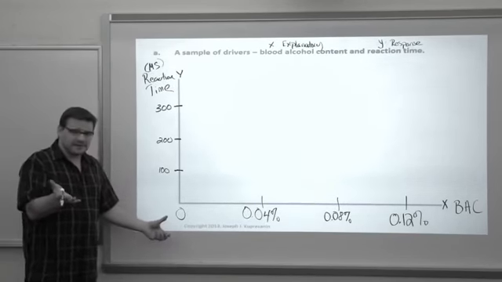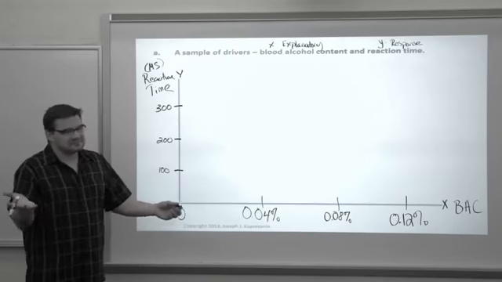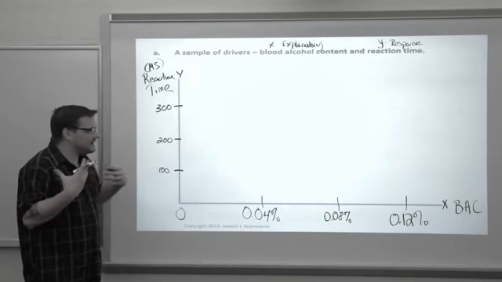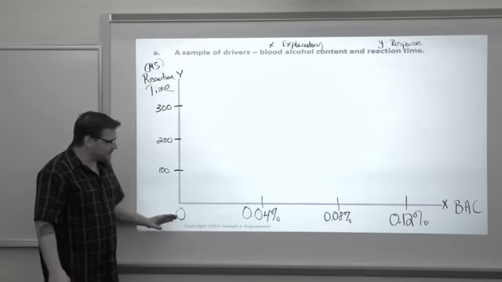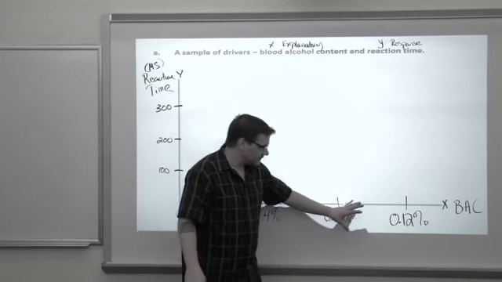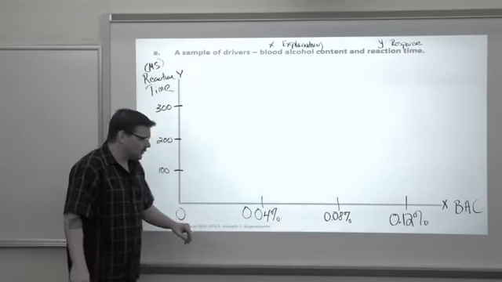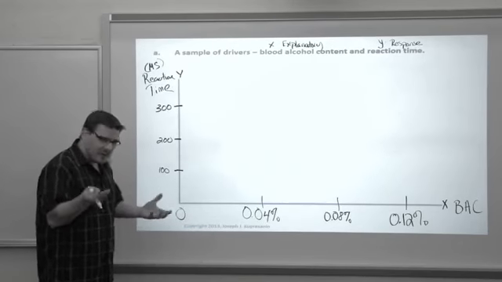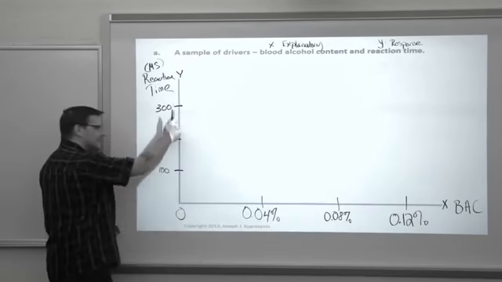Is it going to be linear? Probably. I don't know for sure. We've never collected this data, but I'm guessing what happens as you have more alcohol in your system. As you get drunker, what would happen to your reaction time? It would get slower. Slower is this way.